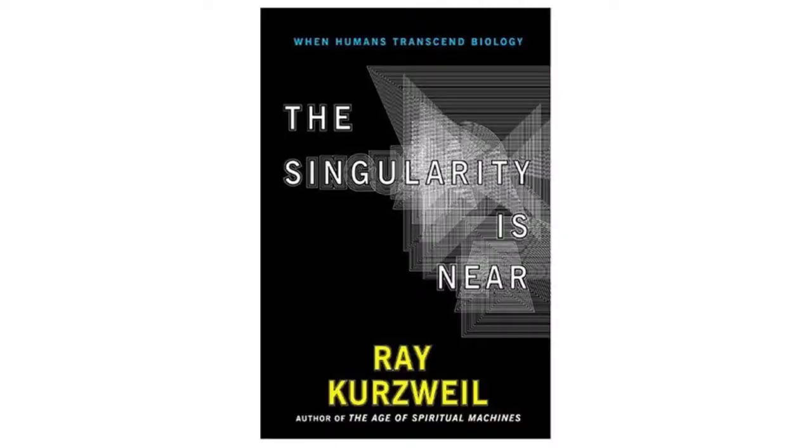Another concept that Kurzweil focuses on is that of the singularity. It is the topic of another very famous book that he has written called The Singularity is Near. What is this idea of the singularity? Well, it's actually pretty simple.